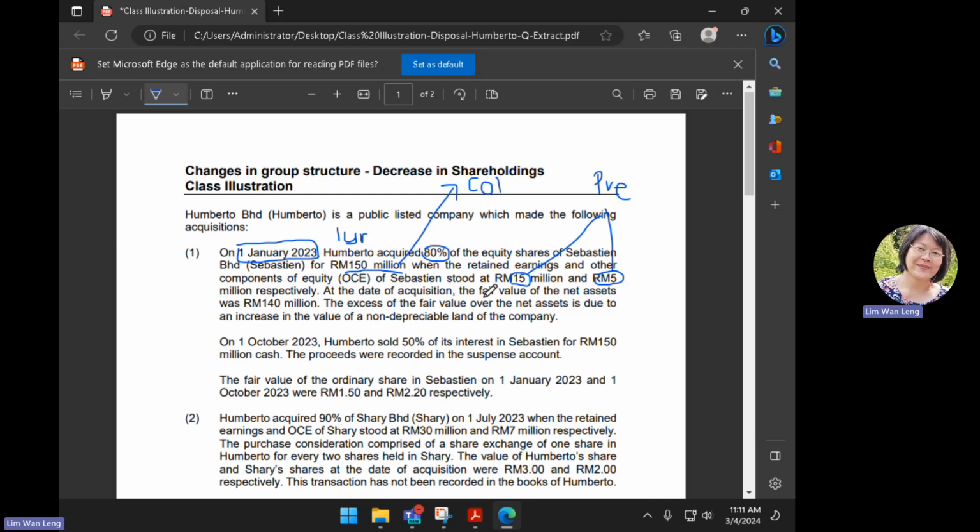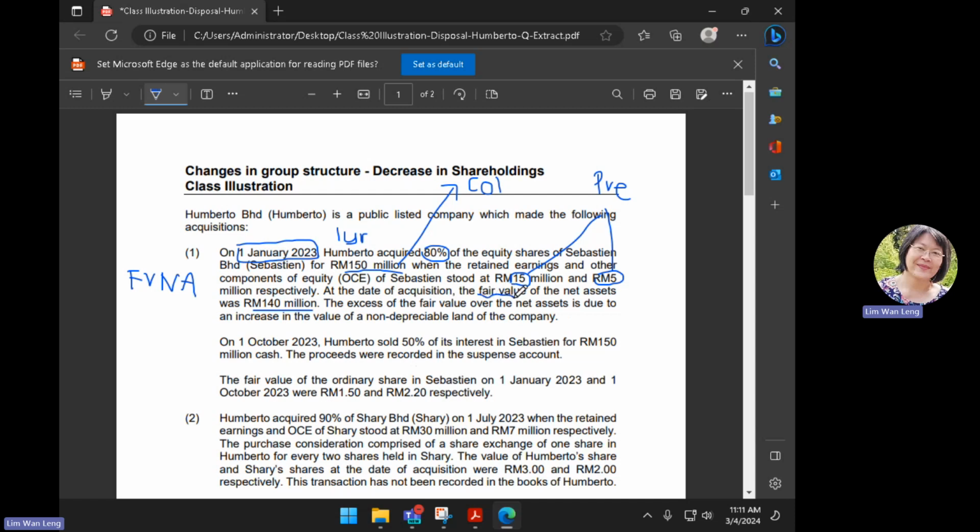At the date of acquisition, the fair value of the net assets was 140 million. So they give you the fair value of the net assets.